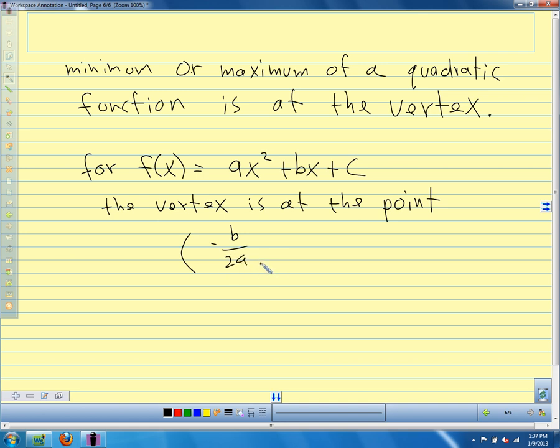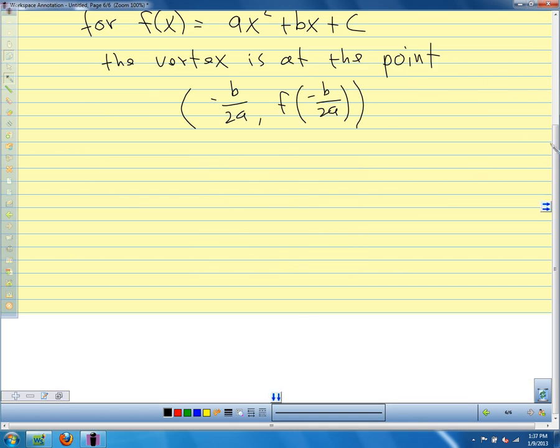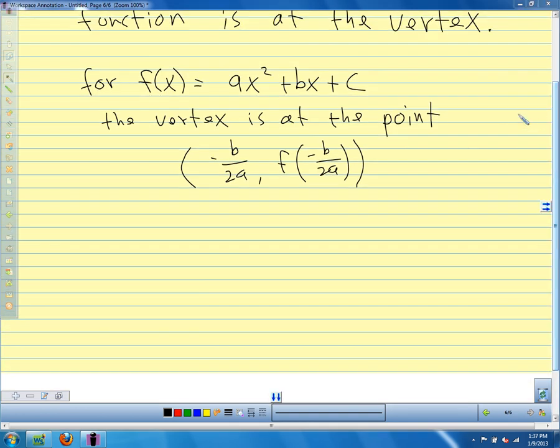That's my x value. And my y value is f of negative b over 2a. So this is a shortcut for finding the vertex of a quadratic function. So let's look at a quick example of using this.